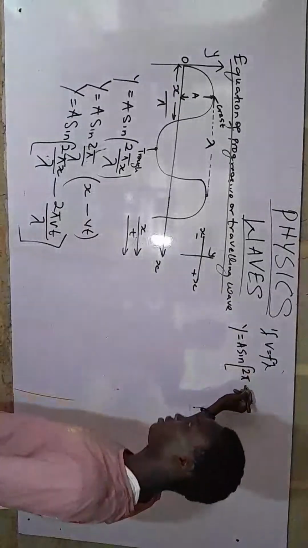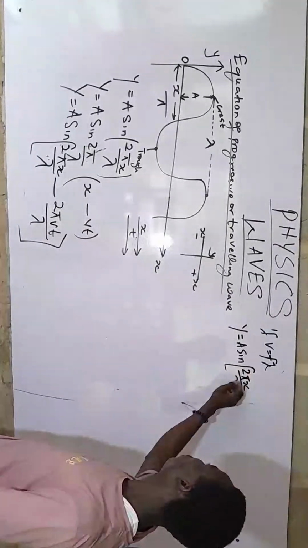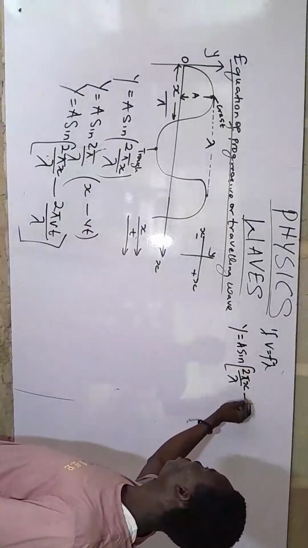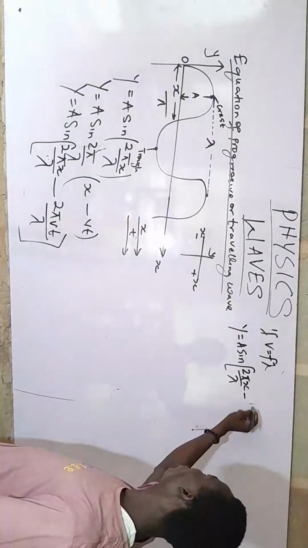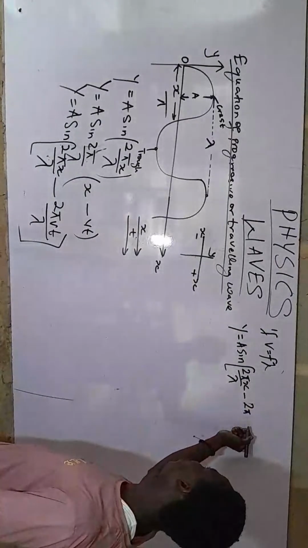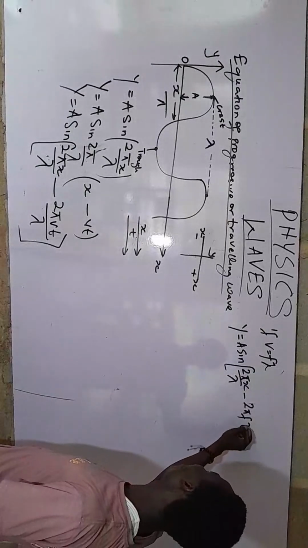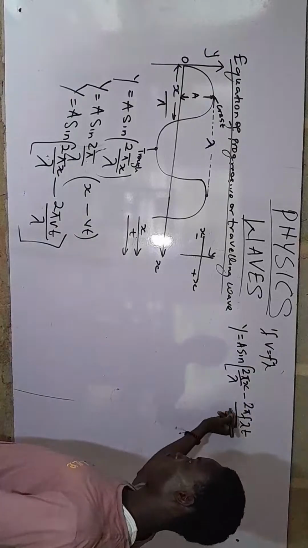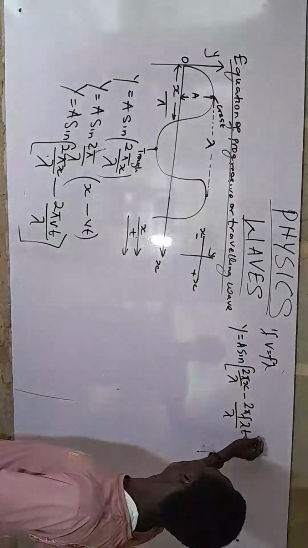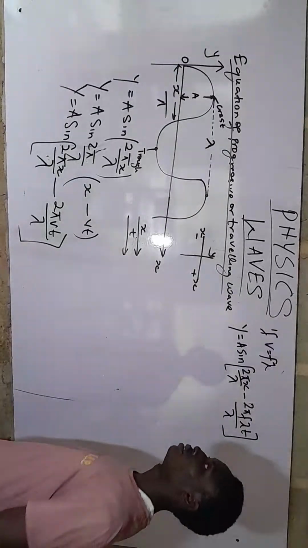2 pi followed by x over lambda, then minus 2 pi. So our v is now f lambda, followed by t over lambda as well.